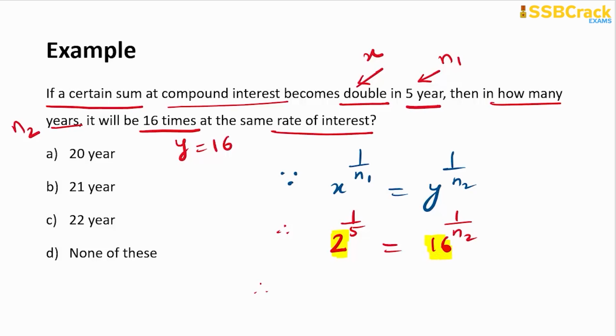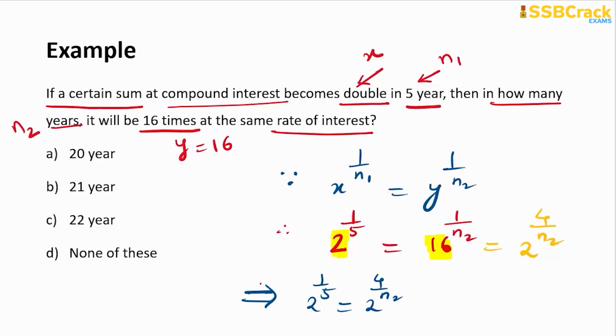Now, 16 you can express easily as a base of 2, because 16 is the fourth power of 2, isn't it? So I can write this as 2 to the power 4 by n2, because 2 to the power 4 is 16 only. So this implies that 2 to the power 1 by 5 is the same as 2 to the power 4 by n2.